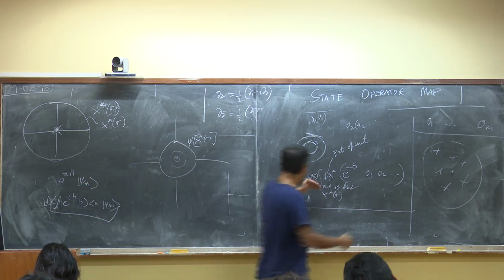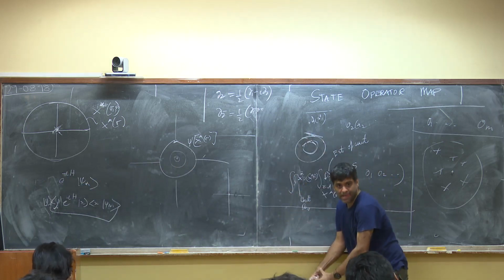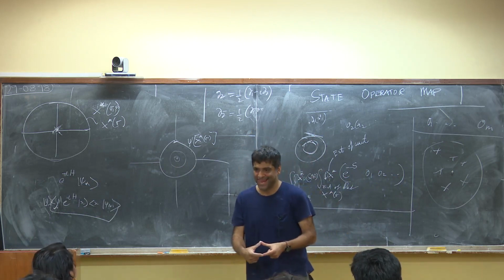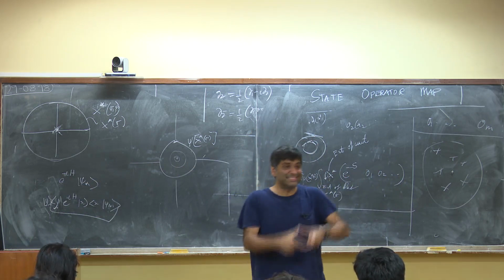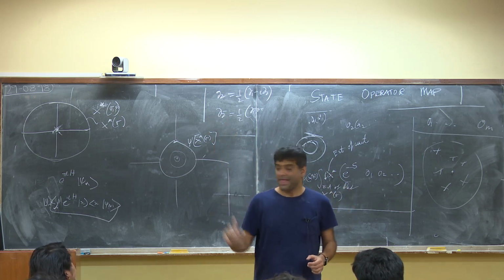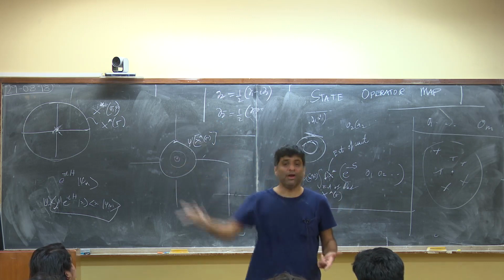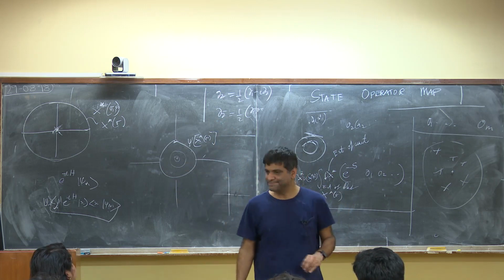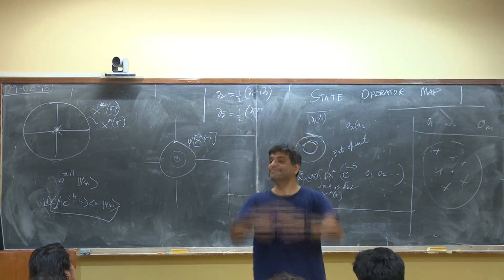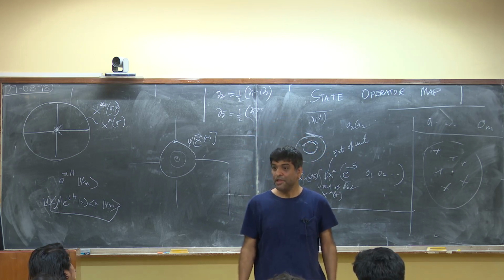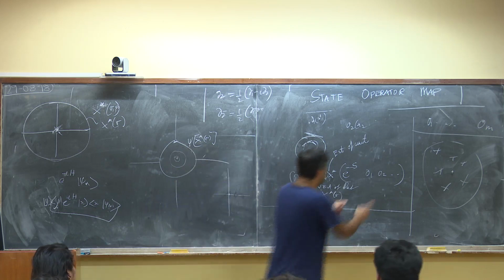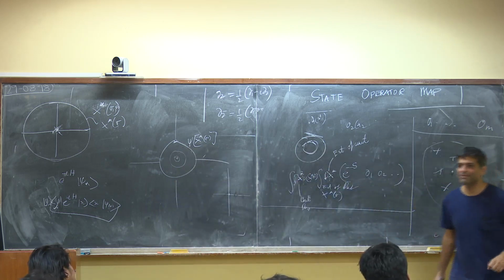Moreover, a state on the cylinder transforms in a particular way under time translations. In Lorentzian time, it transforms like e to the power minus iEt. But if you do the Wick rotation, the i will go away, so it will transform like e to the power E times t. But e to the power t was simply the radial coordinate of the z plane, if you remember.